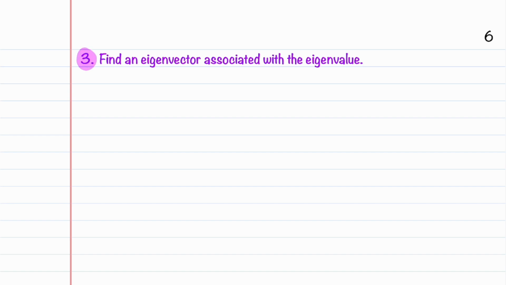In step 3, we need to find the eigenvector associated with our eigenvalue. Let's just make a note that our eigenvalue is lambda is equal to 3. To find the eigenvector, we have to solve the system of equations A minus lambda I times v is equal to 0. Let's also put over here what our A was.